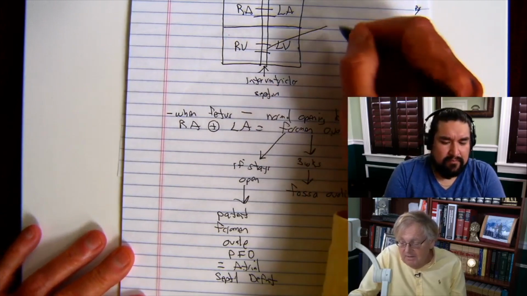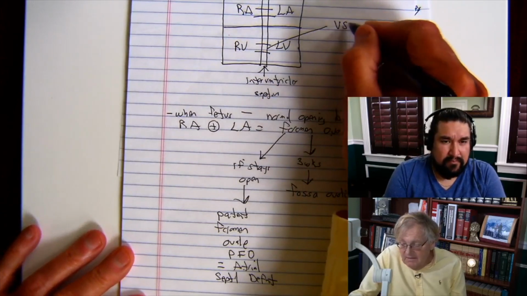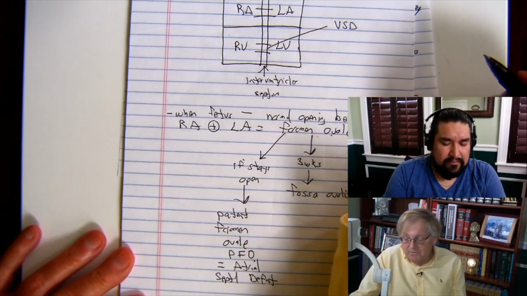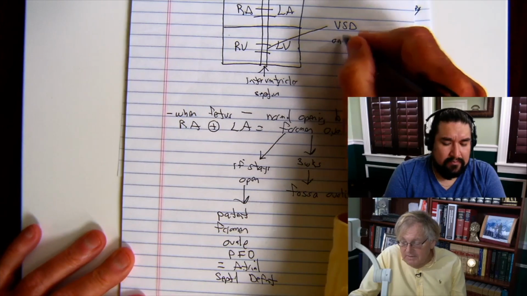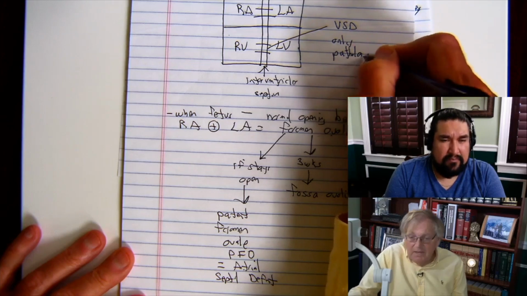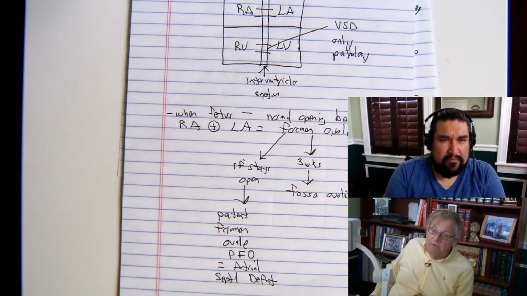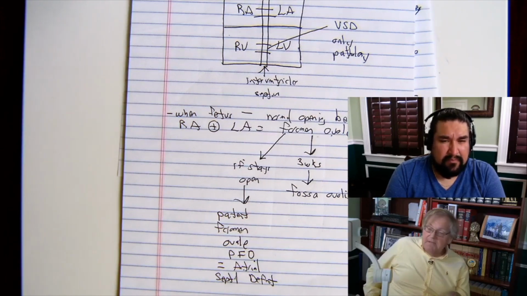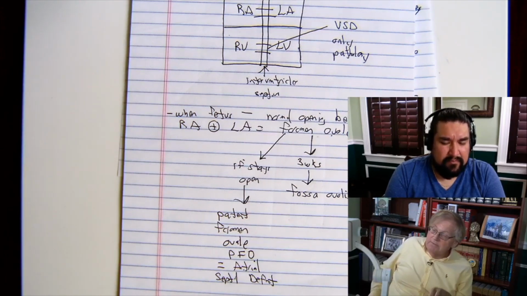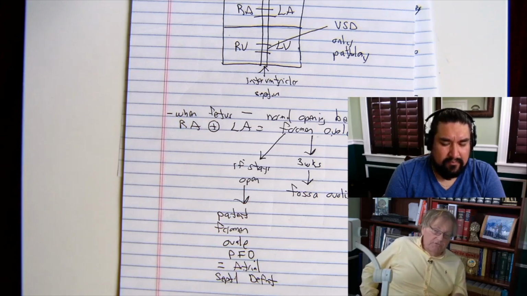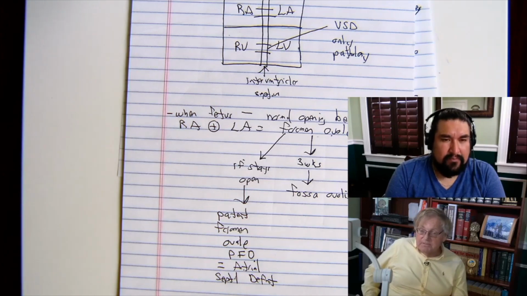That would be called a VSD, or a ventricular septal defect, which is only pathology. Okay? Never normal. It's not going to close up on its own, and it's probably going to need surgery either immediately after birth or in a very short period of time, depending on the size of it, because remember, that's inside of my pumping chambers.